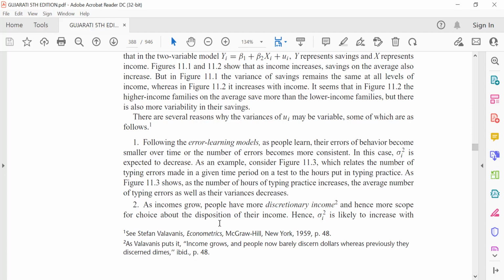The second one is discontinuity of income. For example, if we have just graduated from university, our salary is very small, and then after we work for a certain time, we earn more money, and the income becomes higher.